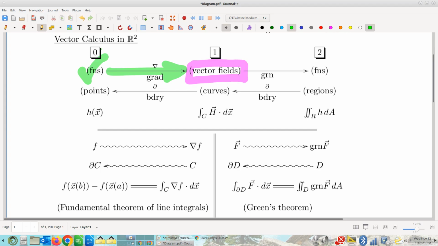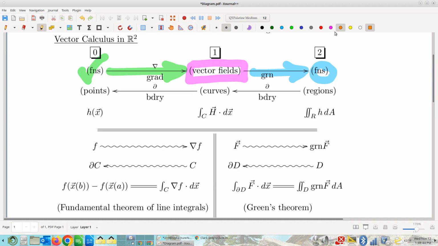Right? And we've made a series of observations about those vector fields. Another one of the observations we've made is that curl is 0. And another one of the observations we've made about these vector fields is a little bit harder to put on the diagram, but the following I think is reasonably suggestive.